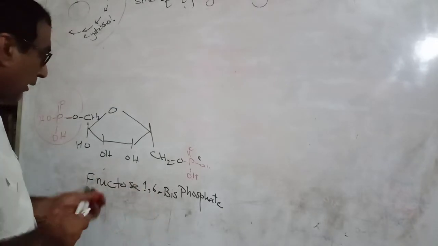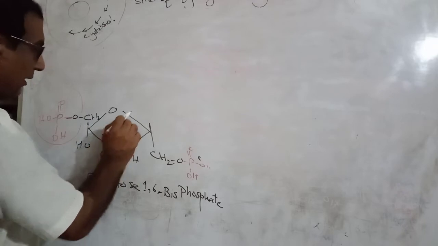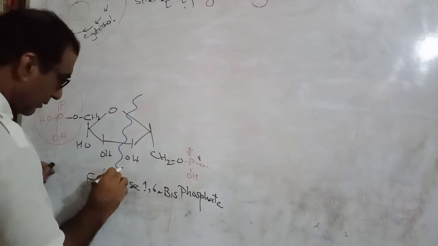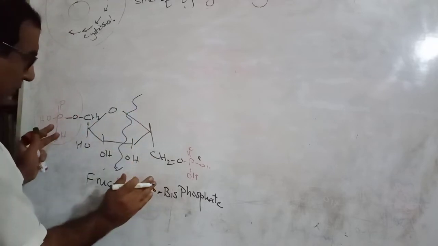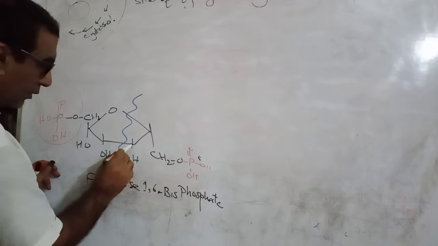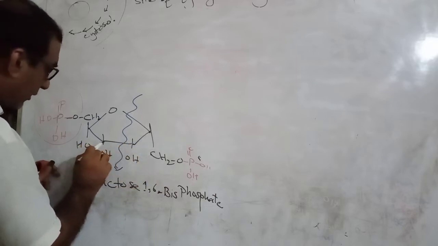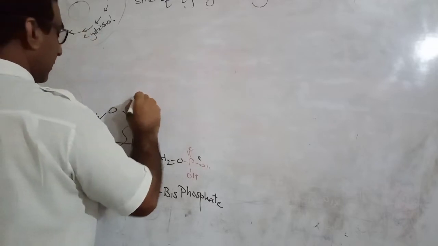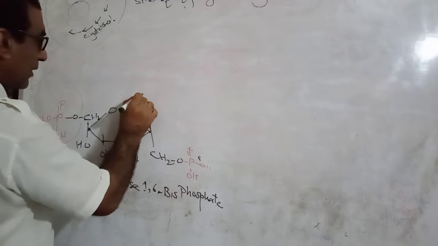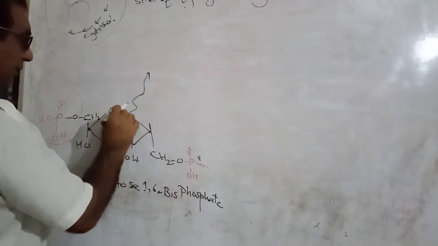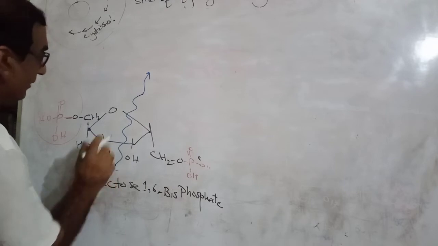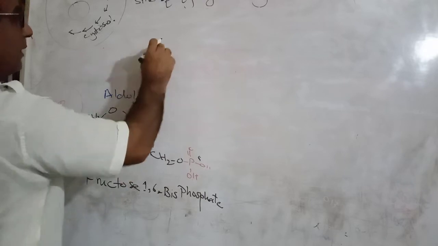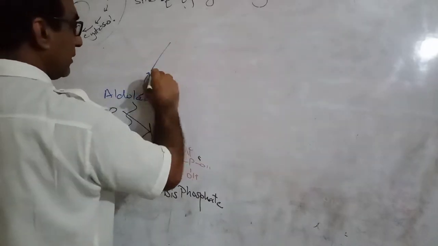The next reaction is carried out by an enzyme, and that enzyme is aldolase. It cleaves this molecule into 1, 2, 3 and 1, 2, 3. Aldolase has acted upon it, and two molecules are generated.